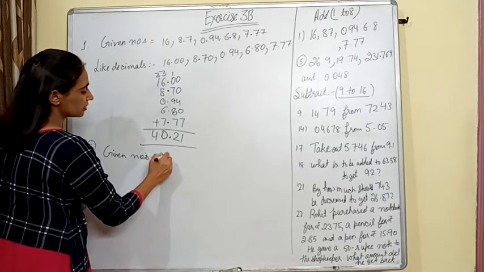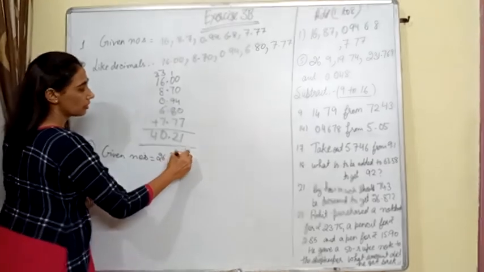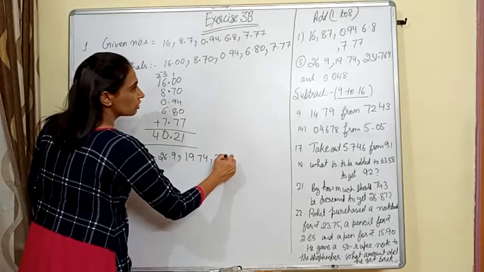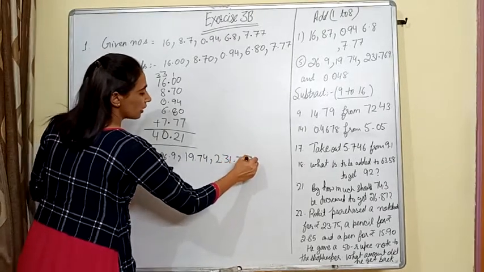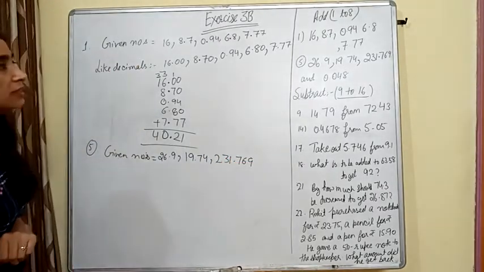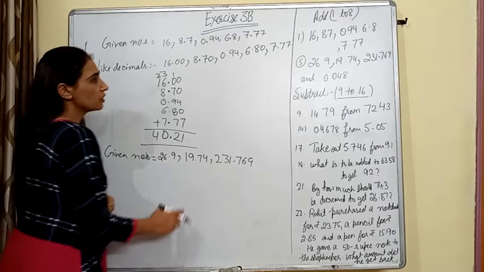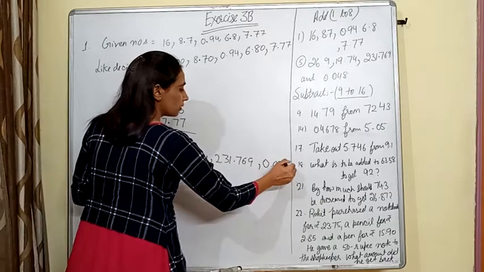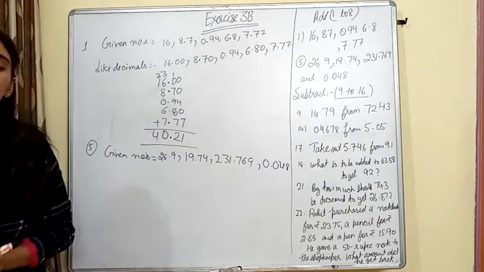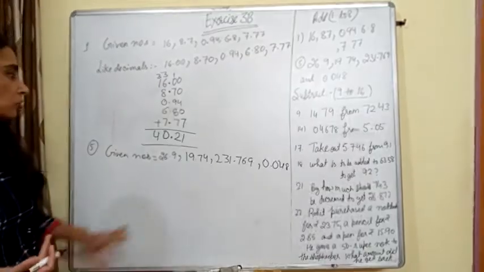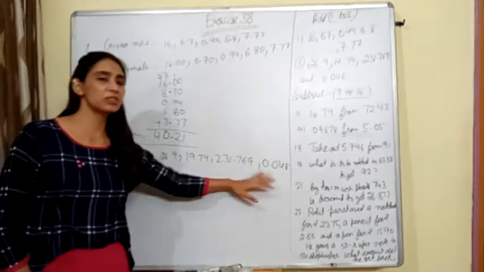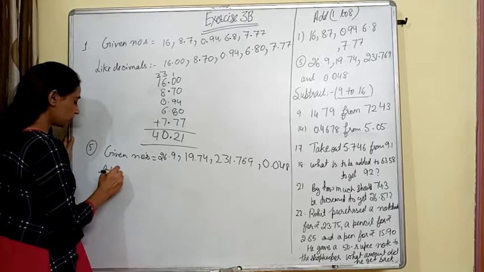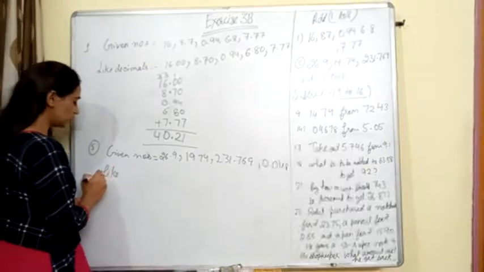That is 26.9, 19.74, 231.769, and 0.048. So first we will convert these into like decimals. After the decimal, the maximum number of digits is 3. So in every number we will put 3 digits after the decimal point.